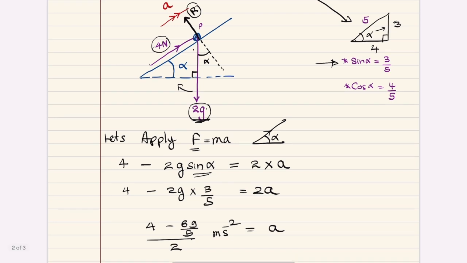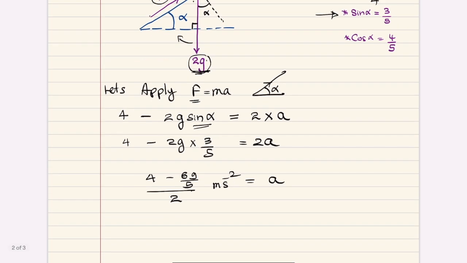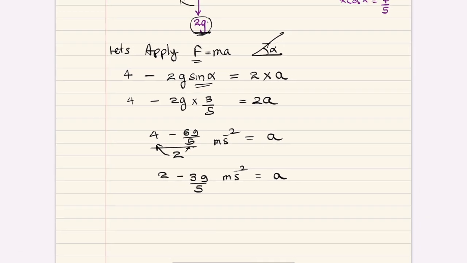Now if you want, we can simplify it further. Divided individually, this is going to be 2 minus 3g over 5 meters per second squared. So your acceleration numerical answer will be, substituting 9.8 for g, 2 minus 3 times 9.8 divided by 5.